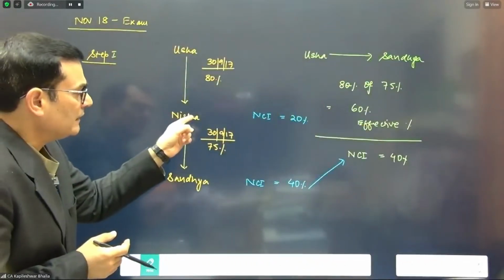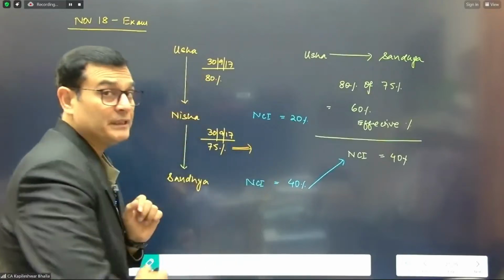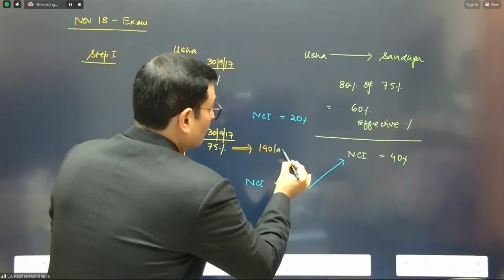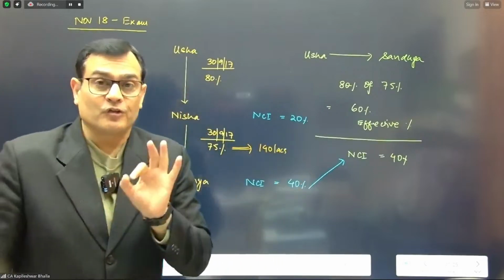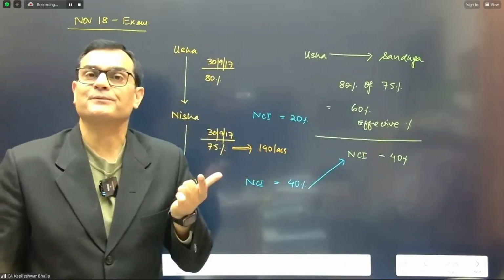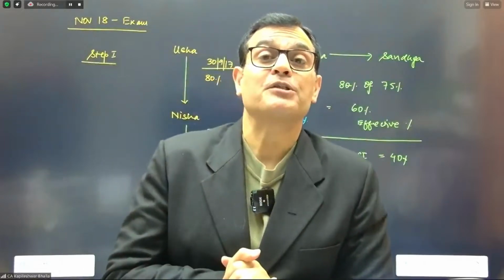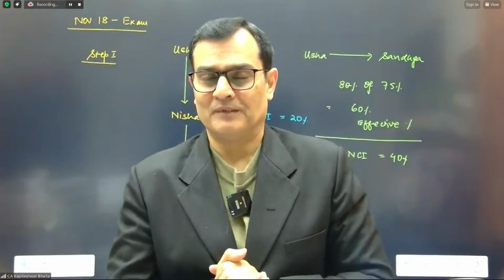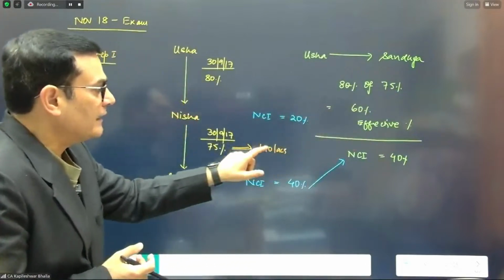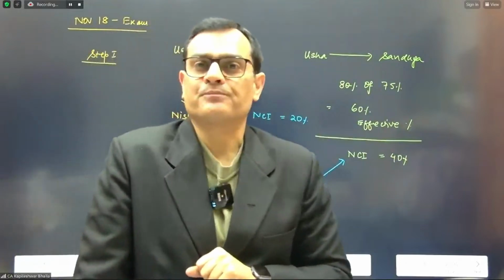The middle company acquired 75% shares and the investment appearing in the balance sheet is 140 lakhs. So this 140 lakhs is paid for 75%. But I am doing my calculations based on 80% of 75%. So since we are looking at an effective percentage, I cannot afford to take this 140 in the goodwill calculations.